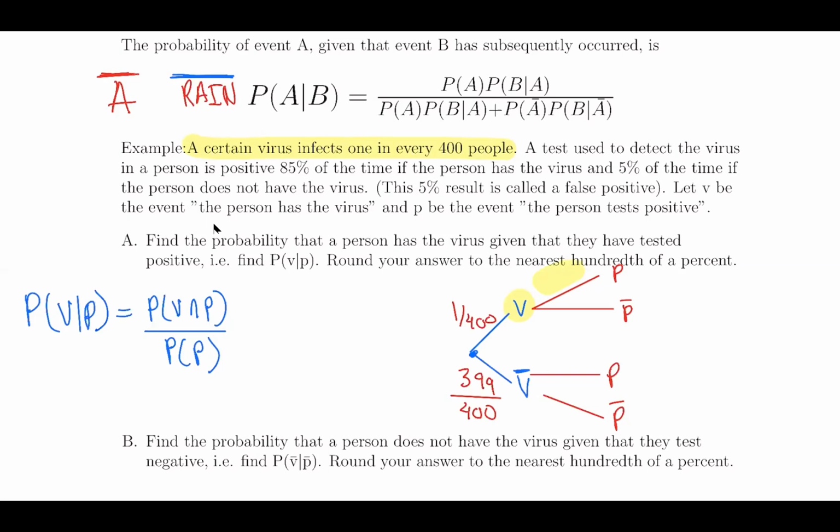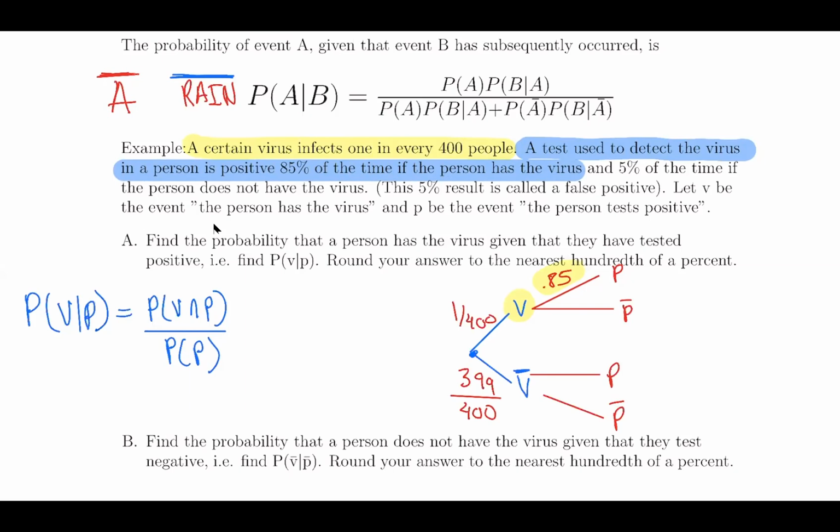Well, let's look at the second sentence. It says a test used to detect the virus in a person is positive 85% of the time if the person has the virus. So that's telling me if the person has the virus, they test positive 85% of the time. So we'll put 0.85 there.